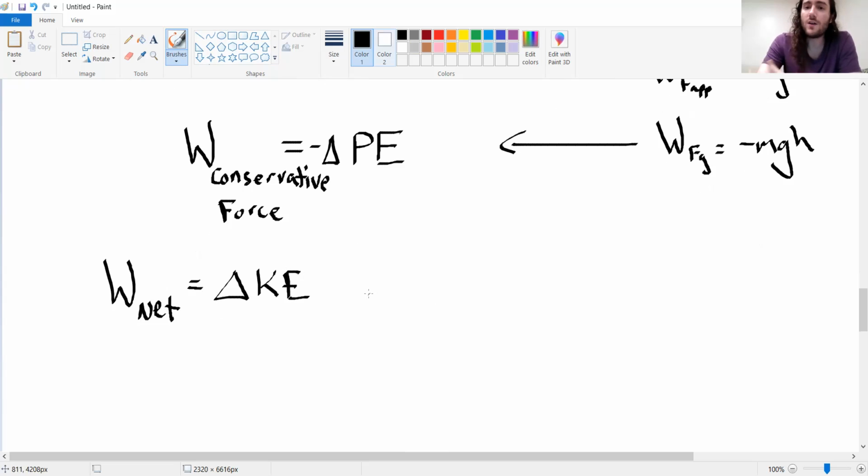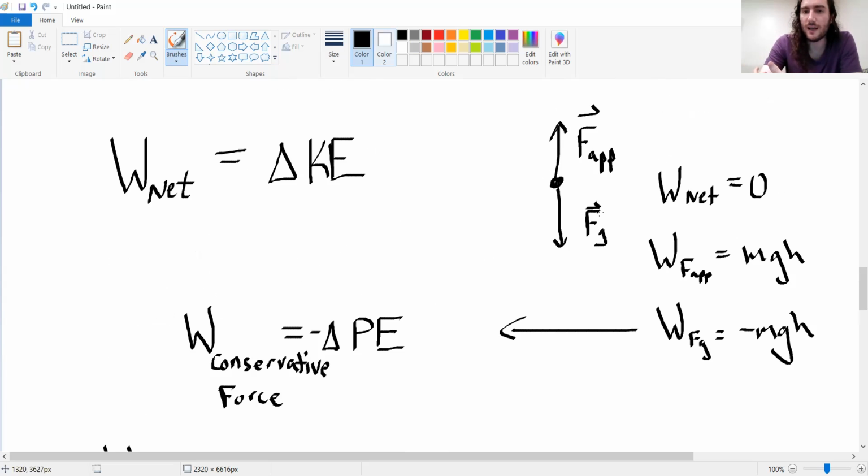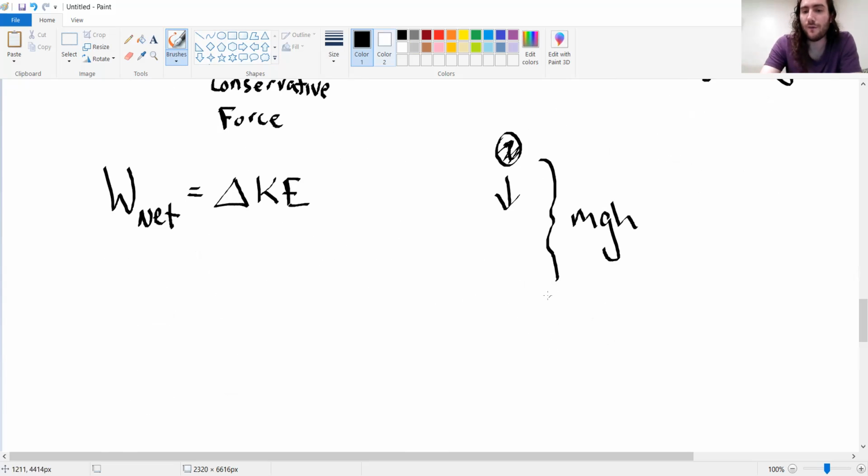So if we reverse the logic now, instead of lifting an object up against gravity, we just start with an object that's already lifted and we just let it go. Well, then it has some potential energy already. It has mgh. And if it falls, it loses potential energy, right? So it's 0 down here. It's mgh up here.